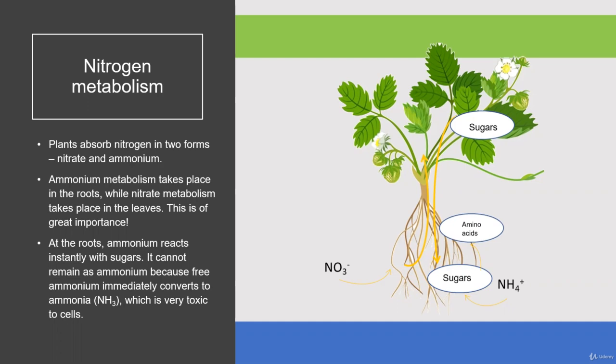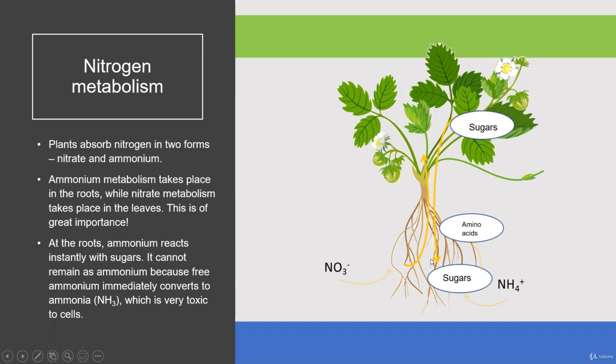So basically, ammonium metabolism, the NH4, takes place in the roots, while the metabolism of nitrate takes place in the leaves.